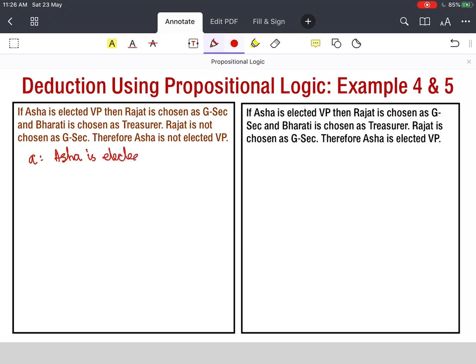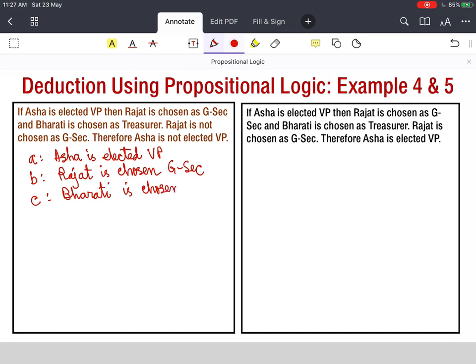Our variables will be A, Asha is elected VP, B, Rajat is chosen GSEC, C, Bharati is chosen treasurer.